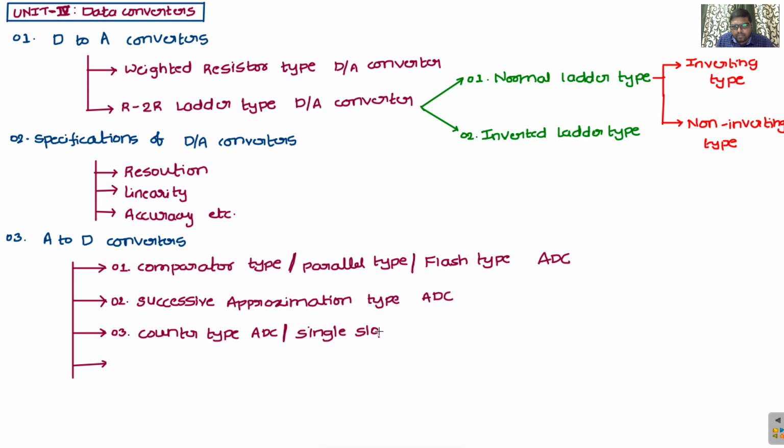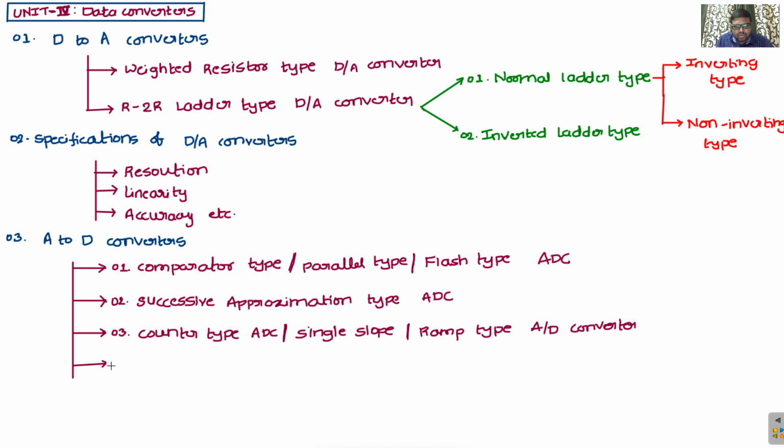Counter type is also called single slope A to D converter, which is also called a ramp type A to D converter.